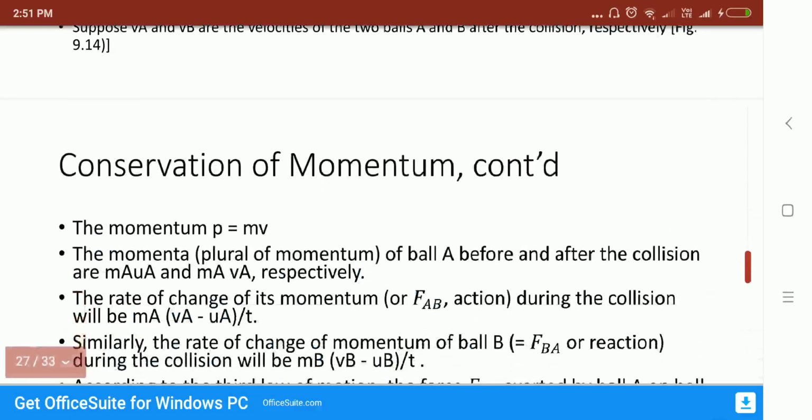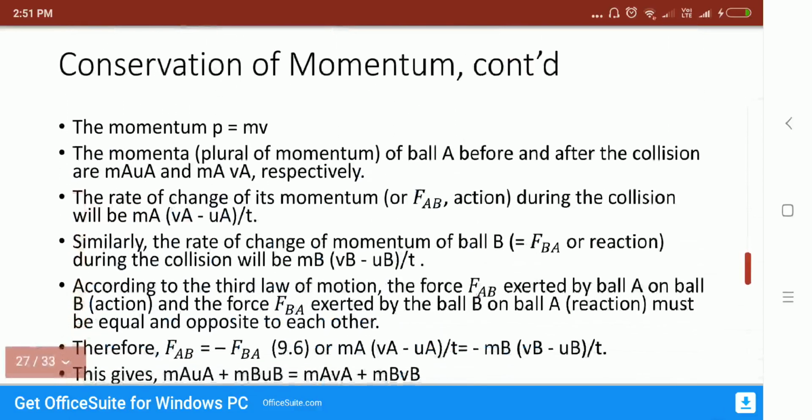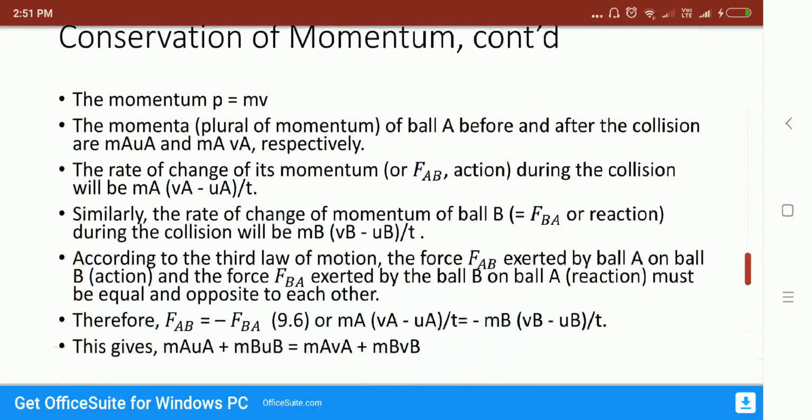As a ball is moving, it has momentum P equals M into V. So let us take the momentum of ball A before and after collision, or in plural, momenta. Before the collision, ball A has momentum MAUA, and after the collision, the momentum of ball A is MAVA.